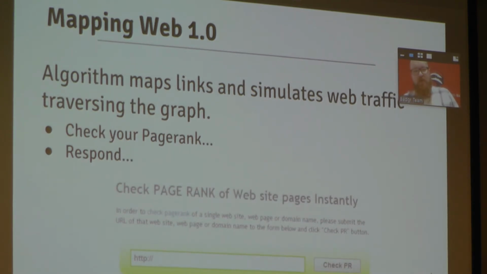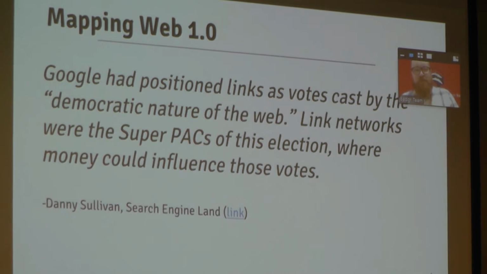And then because people had a window into the algorithm, into how this very important service, Google, understood the value of their page, they were able to respond to that data. And in some ways, they were able to game the system.